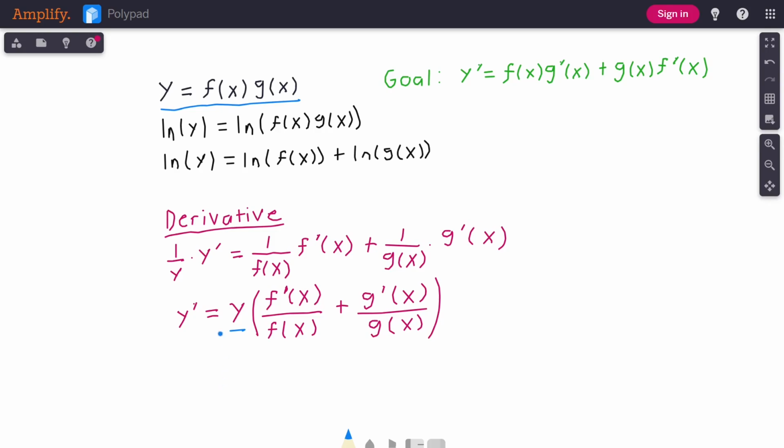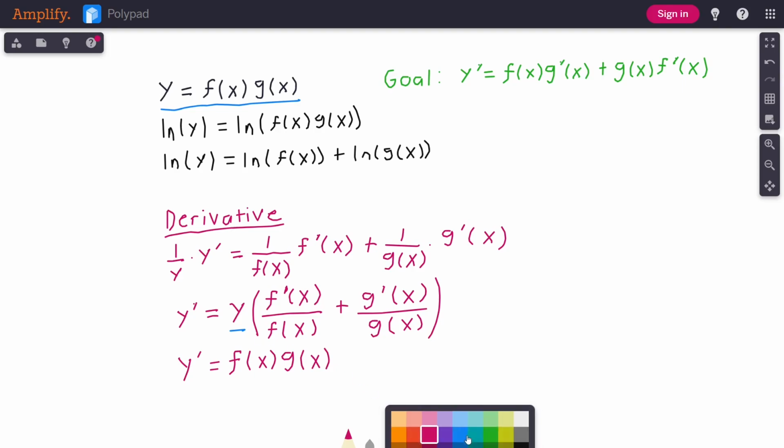So down here, we can substitute for y. We can say y is f of x times g of x, because that's what we defined y to be. So it's going to be f of x times g of x, that's our y, and it's still multiplied by this mess right here.